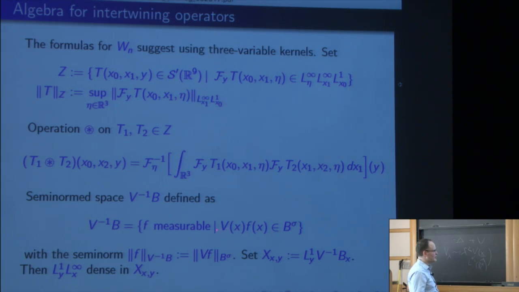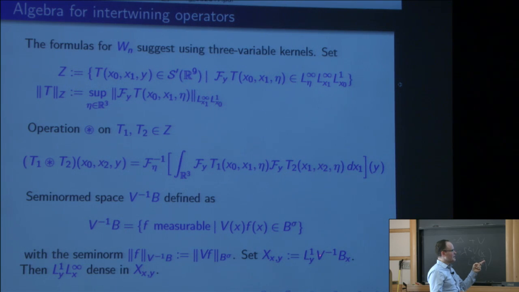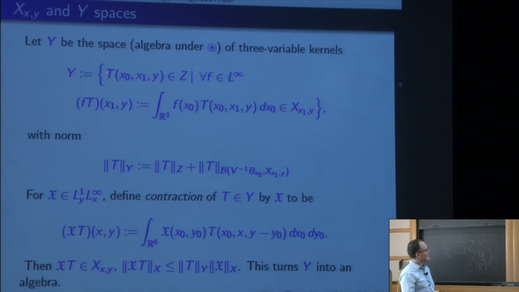It's all measurable f, such that the potential times f is in one of these B sigma classes, these weighted L2 classes. And that's your semi-norm. And then you introduce another space, which is that thing by L1 in the spectral variable. Okay? That's complicated.